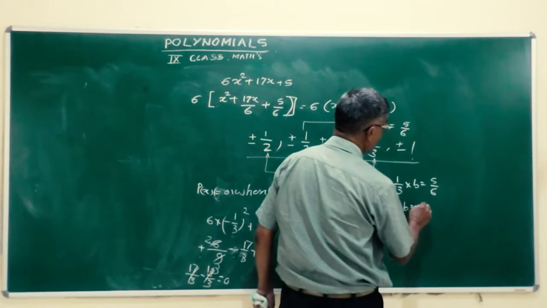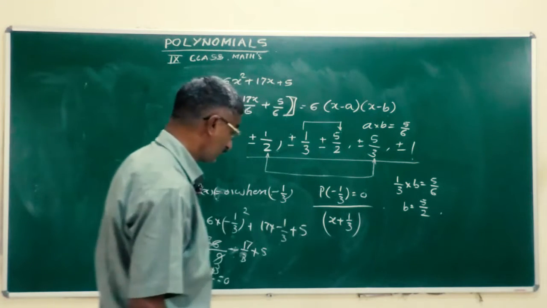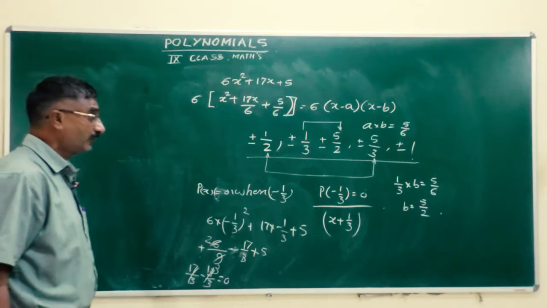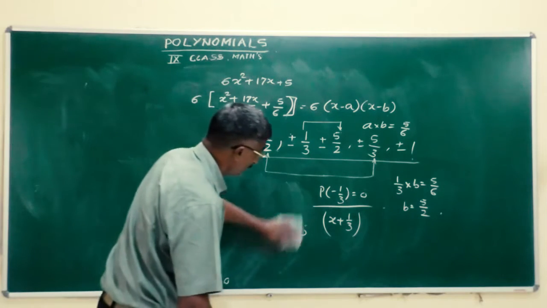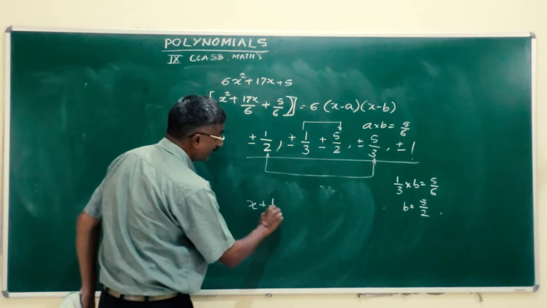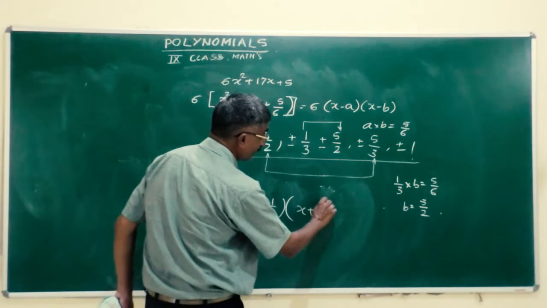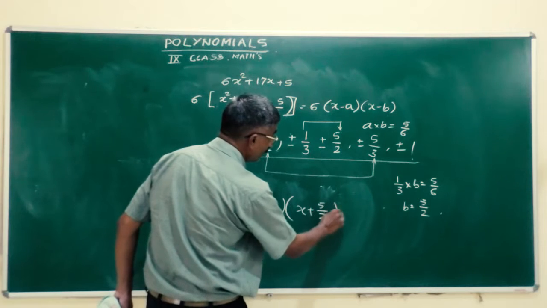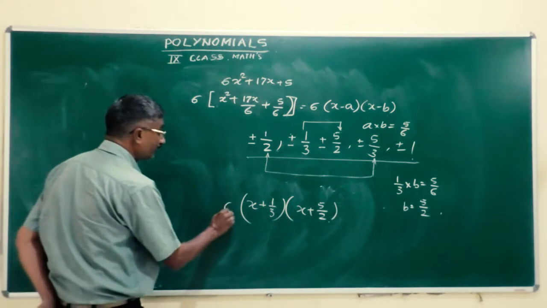So, b is equal to 5 by 2. So, x plus 1 upon 3 and x plus 5 upon 2 will be the factors, into 6.